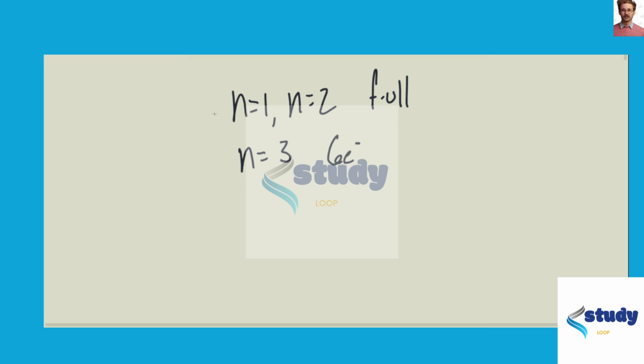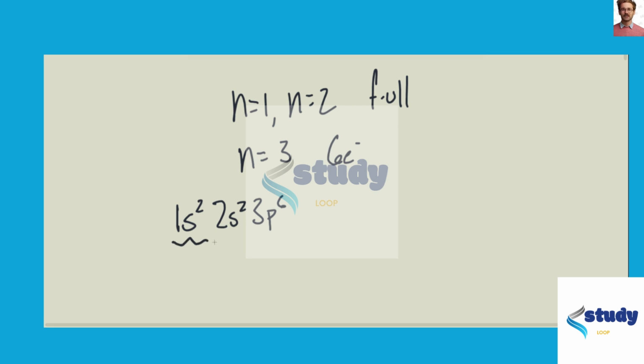Okay, well, what are the orbitals that correspond to n equals 1 and n equals 2? So to me, what this looks like, if the n equals 1 and n equals 2 shells are full, is that the 1s has 2 electrons in it, and that also the 2s and the 2p are full, having 2 and an additional 6 electrons in them.